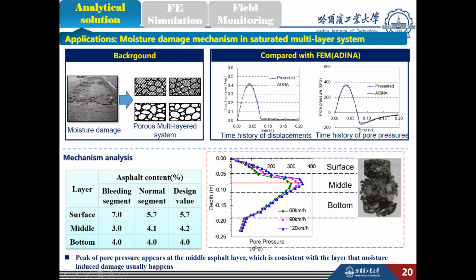Based on the theory of porous medium, the pore pressure in asphalt pavement under impact load could be obtained. It can be observed that the higher pore pressure accumulates within the middle asphalt layers, which is consistent with the results from the field coring.